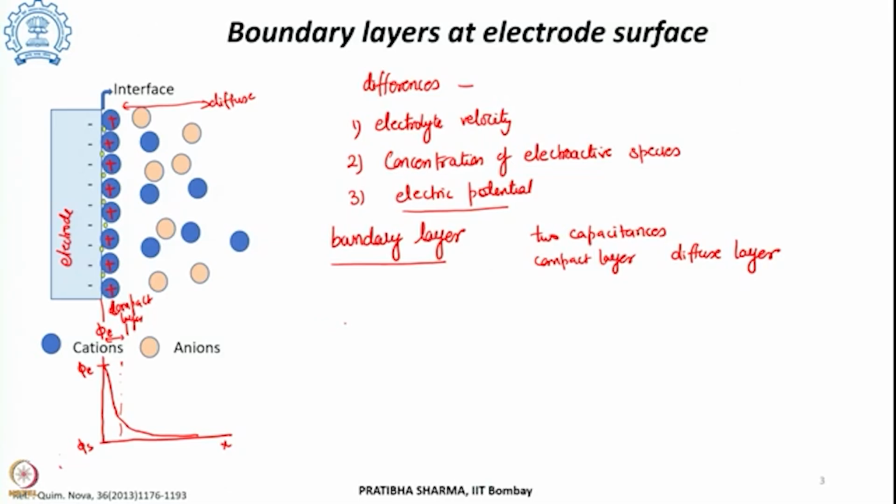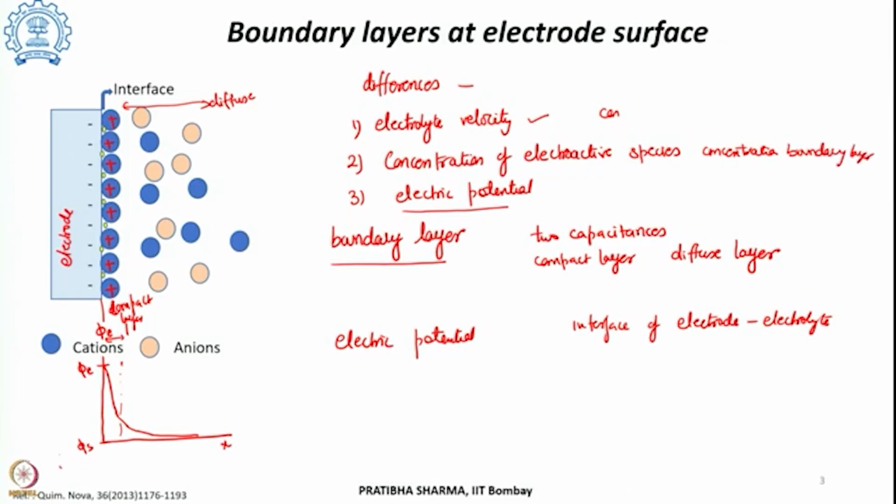And similar to this boundary layer which occurs because of the electric potential changes at the interface of electrode and electrolyte, similarly there are changes because of the electrolyte velocity and concentration. The concentration boundary layer arises because of the change in the concentration of electroactive species, or the change in the velocity of electrolyte in the vicinity of the electrode surface could give rise to a hydrodynamic boundary layer.